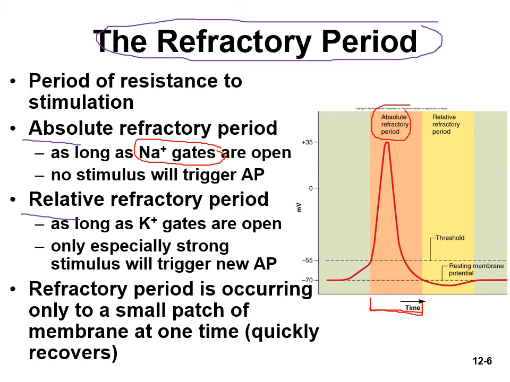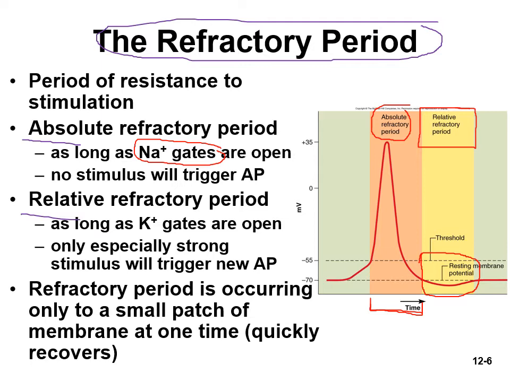Then you have a relative refractory period indicated by the yellow column right here. This one is going to be occurring during the part where we do our hyperpolarization and we're resetting over to the resting membrane potential. At this point, the potassium gates are still open, so your membrane has a tendency to become more negative. And what we want to do is have it go back up to be more positive. So we want to redo the whole depolarization, action potential, repolarization.